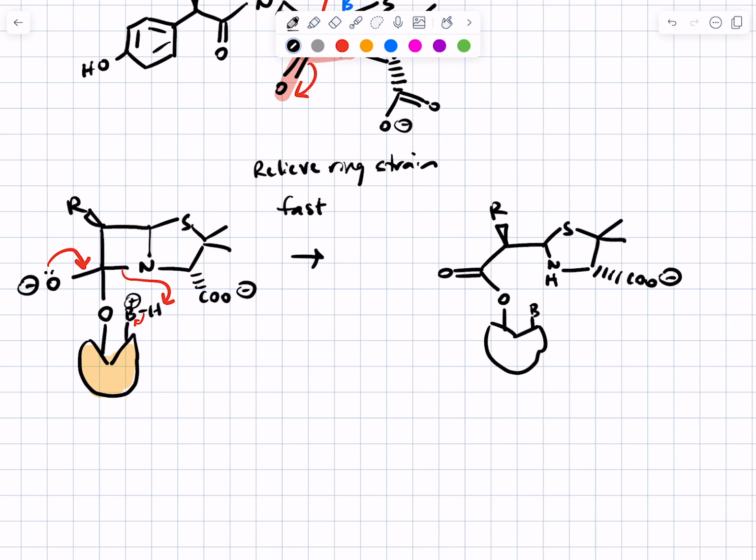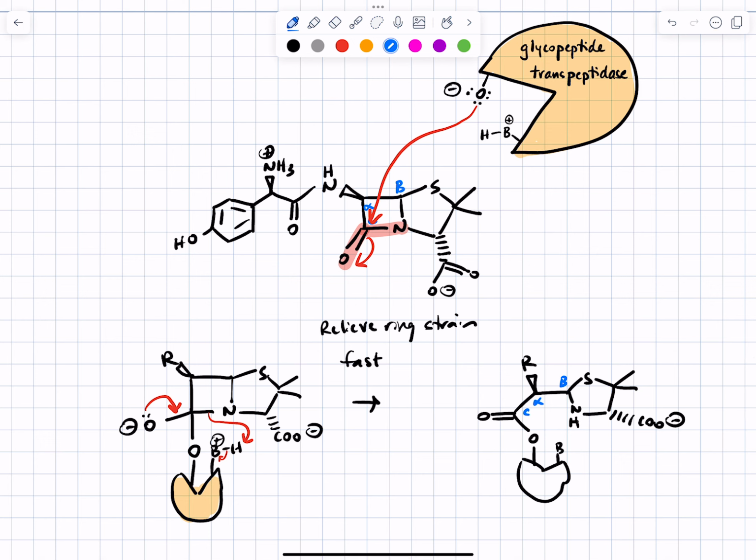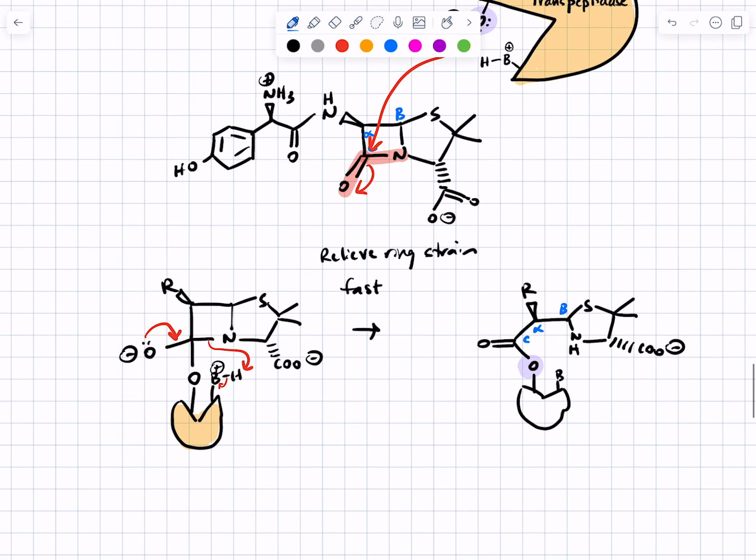Yeah, so notice that now we no longer have that strained system. And also look what we have done to the enzyme. The enzyme needs that free OH group, which got converted into the O minus here as a nucleophile. Now it's tied up as an ester.